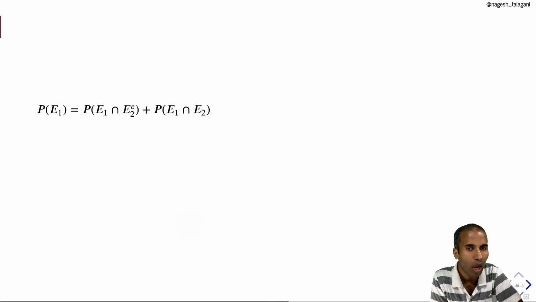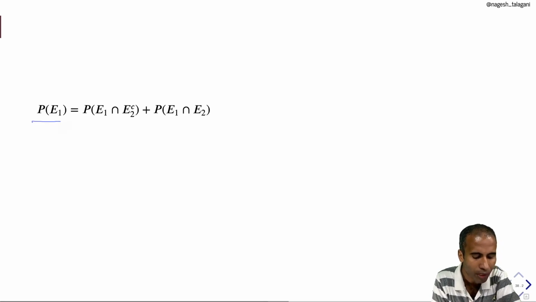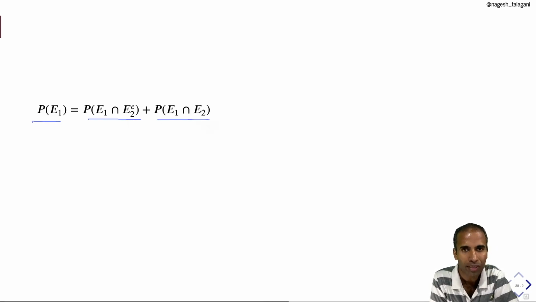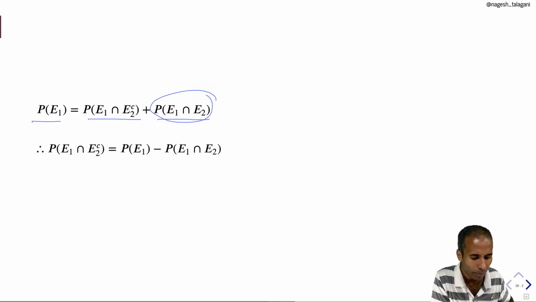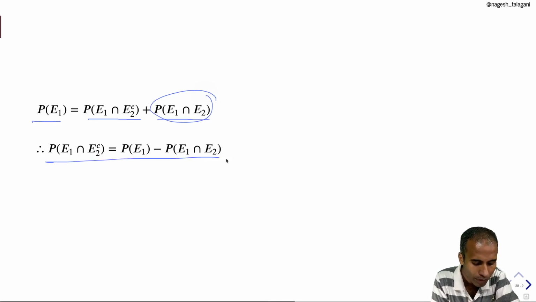Now, after applying finite additivity on the right hand side, we have probability of E1 equal to probability of E1 intersection E2 complement plus probability of E1 intersection E2. Now you take this one to the other side and you'll end up with this. Probability of E1 intersection E2 complement equal to probability of E1 minus probability of E1 intersection E2.